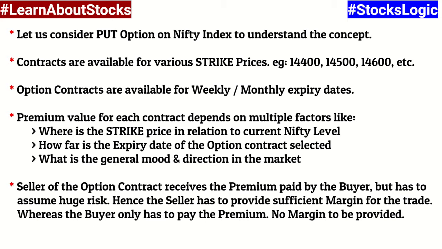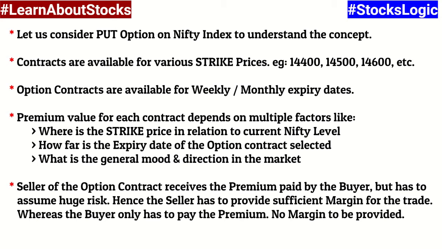Since he is assuming a lot of risk, because nobody can predict with confidence that the market will fall or will not fall beyond a particular level in a particular duration. Nobody can predict this with precision. So there is a huge amount of risk always attached for the seller of the option contract. Hence, that seller has to provide sufficient margin to the stock exchanges.